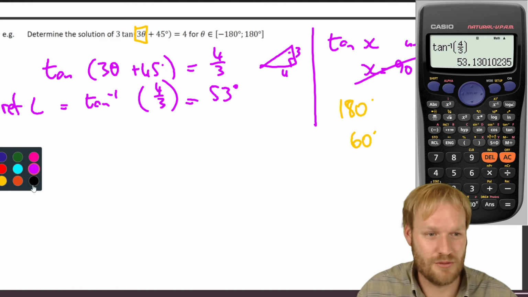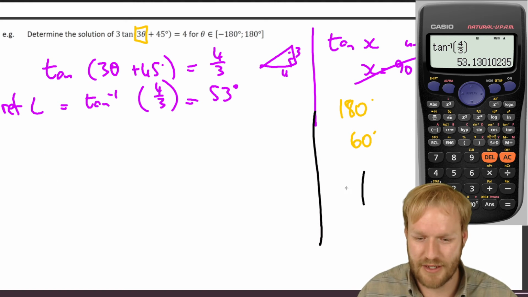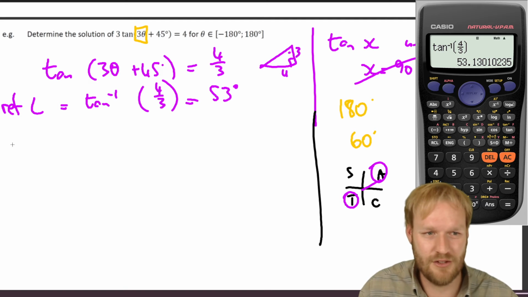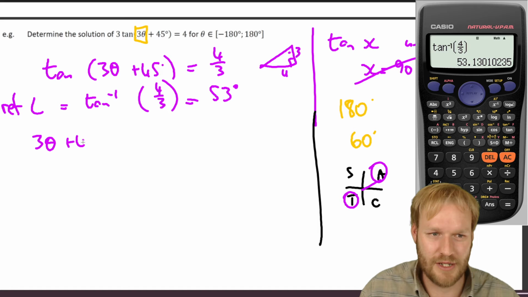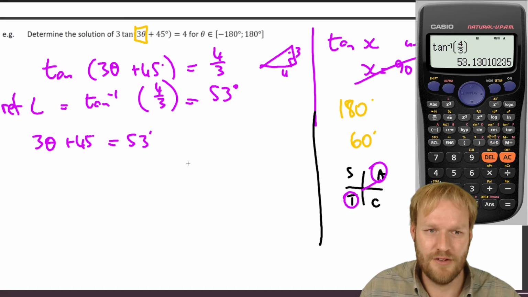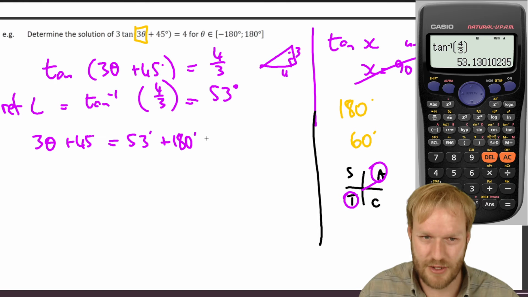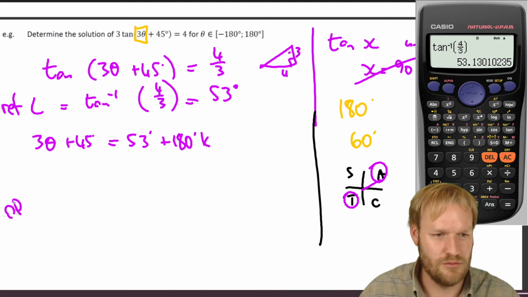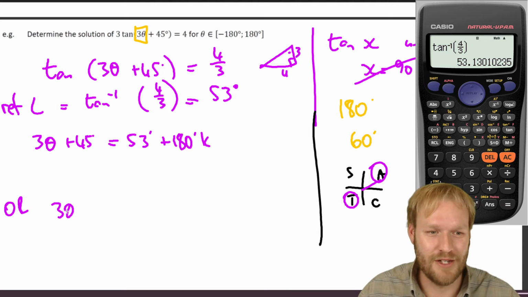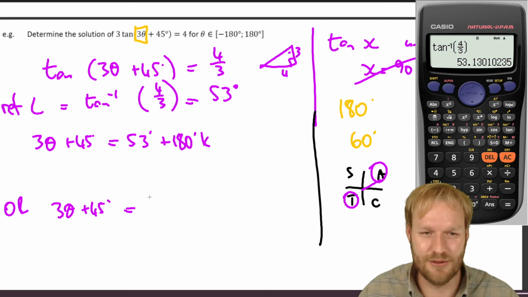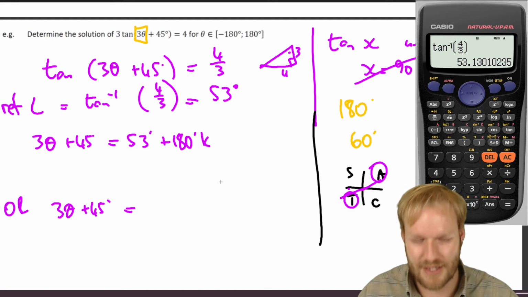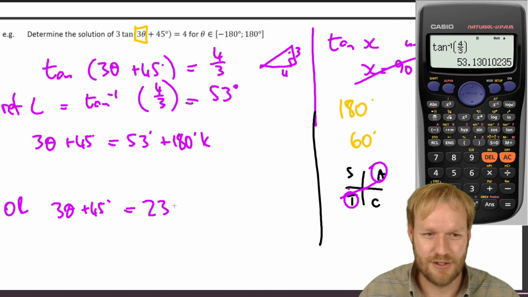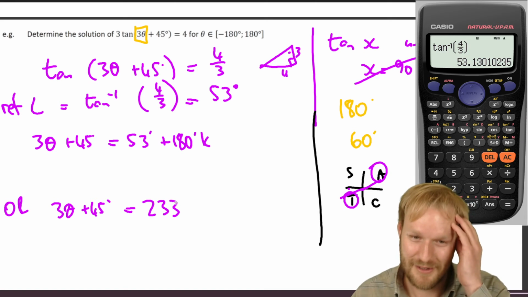So 53, it is positive. So we know that we've got our little CAST diagram, and we know that we're in this quadrant. So we've got our 53 as our one option. So 3 theta plus 45 equals 53 degrees plus 180k, because tan repeats itself every 180, or 3 theta plus 45 degrees equals, now we look down here, 180 plus 53, which gives us 233.